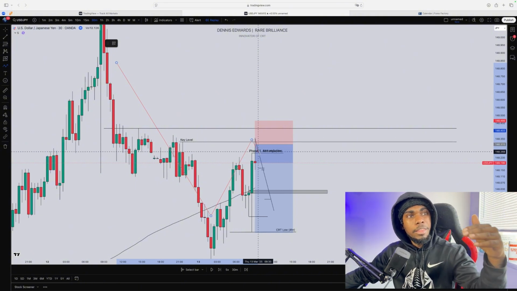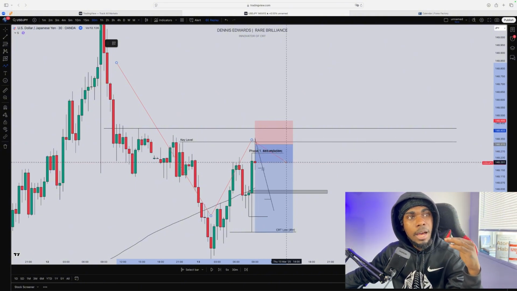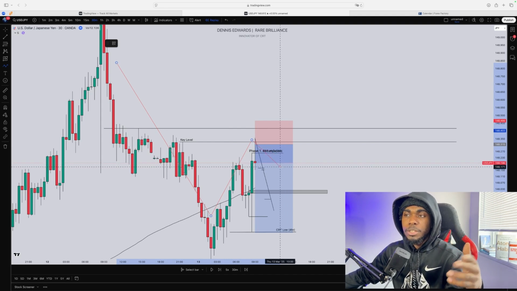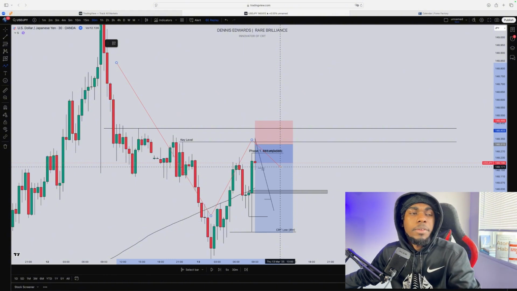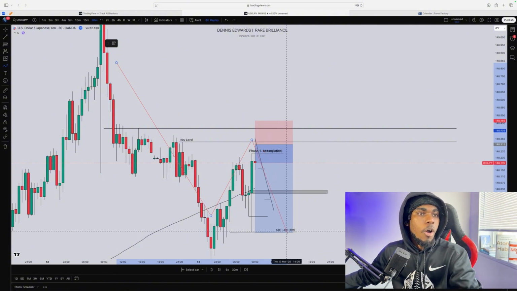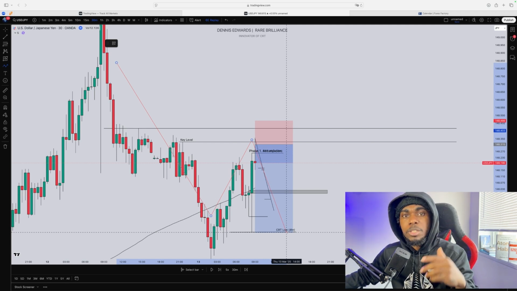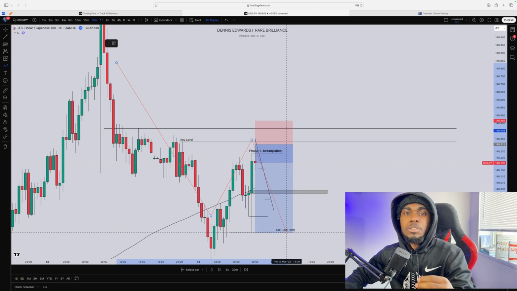And then anything under this line is what I consider phase three, which is the decline, in which ultimately we began to have in the market, all the way into our 4 hour CRT low, because remember the overall trade setup was based on the 4 hour CRT.